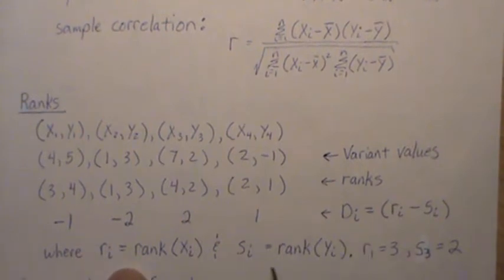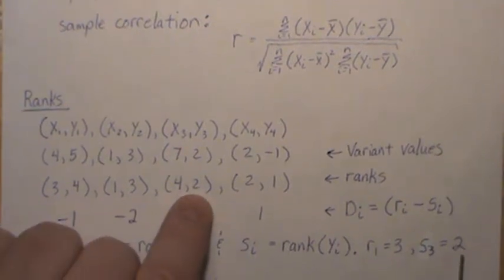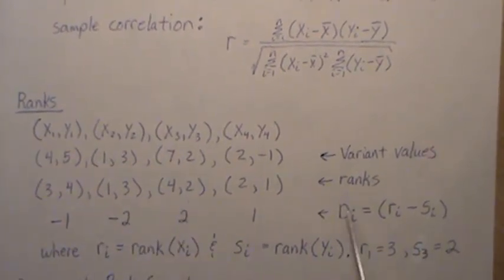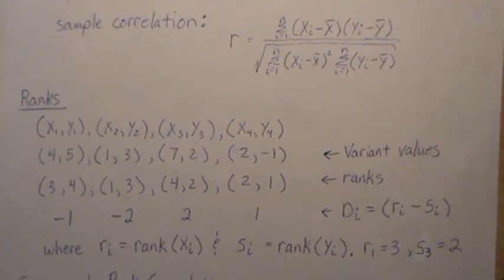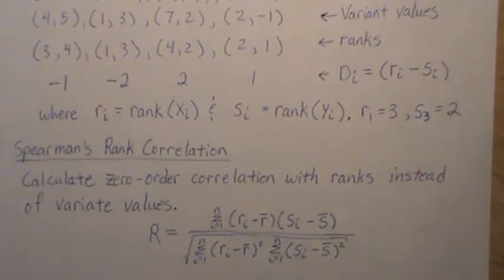So the r_i are the ranks of the x's, the s_i are the ranks of the y's. For example, r_1 means the rank of our first observation, which is 3. s_3 would be the rank of our third y, which is 2. Anyway, that's the notation we're going to use. So Spearman's correlation is this. It's the zero-order correlation with the ranks instead of the variate values.